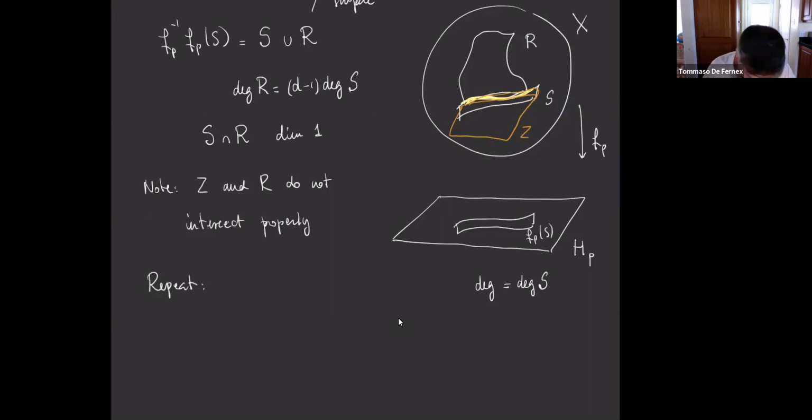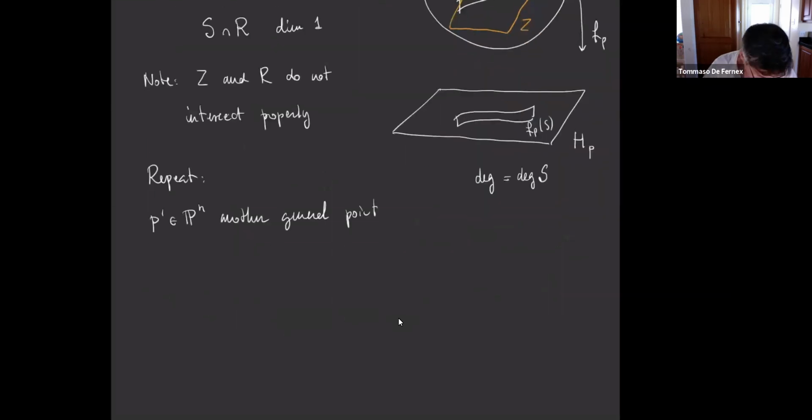So we're going to pick P prime inside P^n, another general point. And now I'm going to do the same thing: the inverse of F_P prime of R, and I write this as R union R prime.